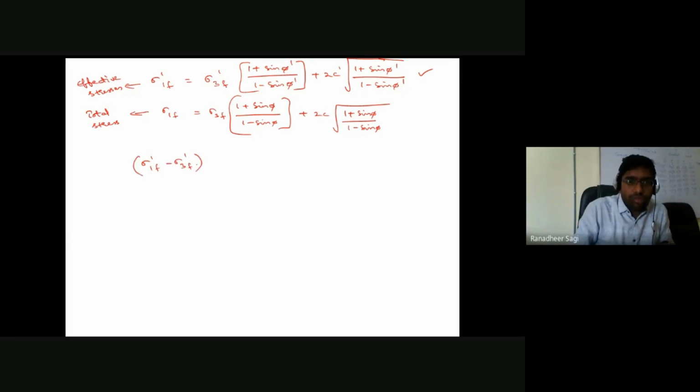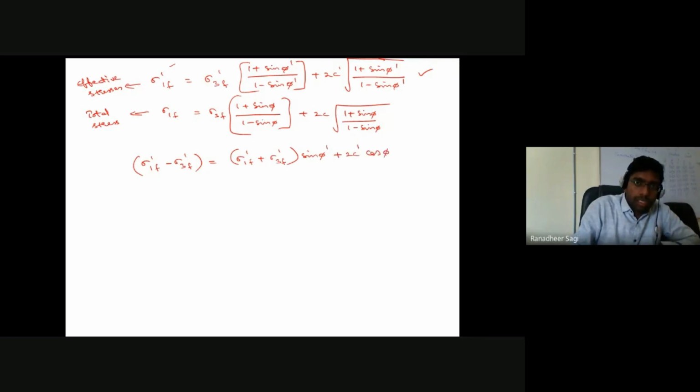If I write sigma 1 dash at failure as this expression, and sigma 3 dash at failure as minus sigma 3 dash at failure, subtracting from sigma 1 dash, what I am going to get is, I am directly writing that particular expression: sigma 1 dash at failure plus sigma 3 dash at failure, into sine phi dash, plus 2c dash into cos phi dash.